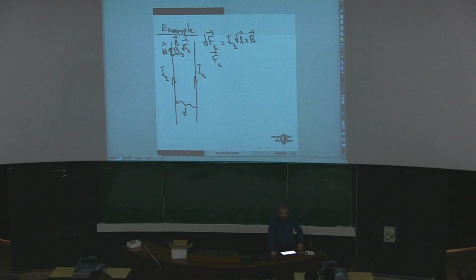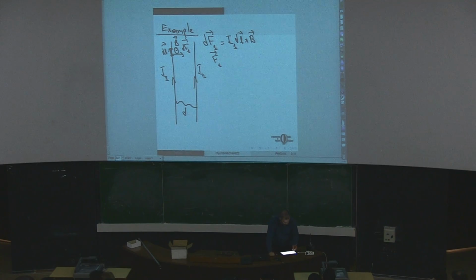F1 will be just the sum of all these segments, but I1 is constant. Since the wires are parallel, B will be constant along this wire, for all the segments. So summing all these dFs is nothing but summing all these dl's.